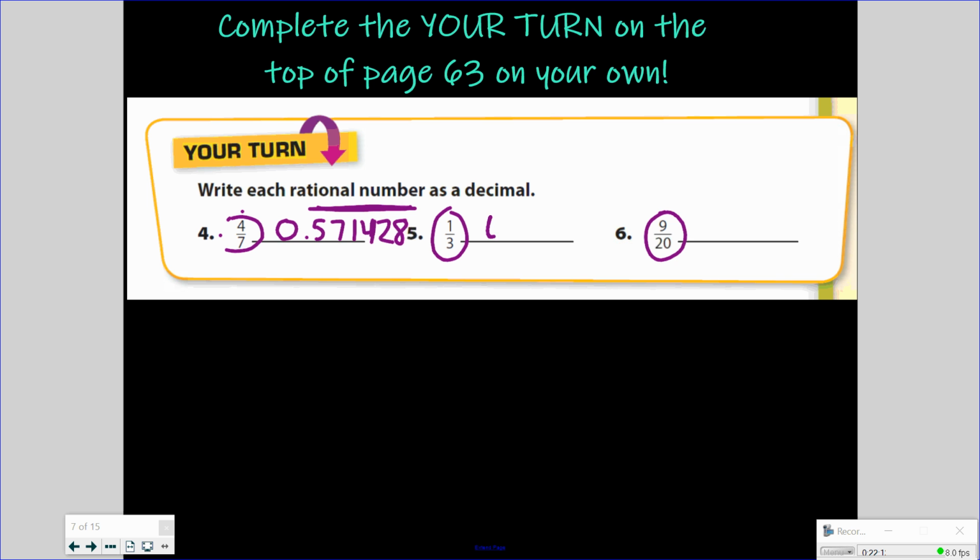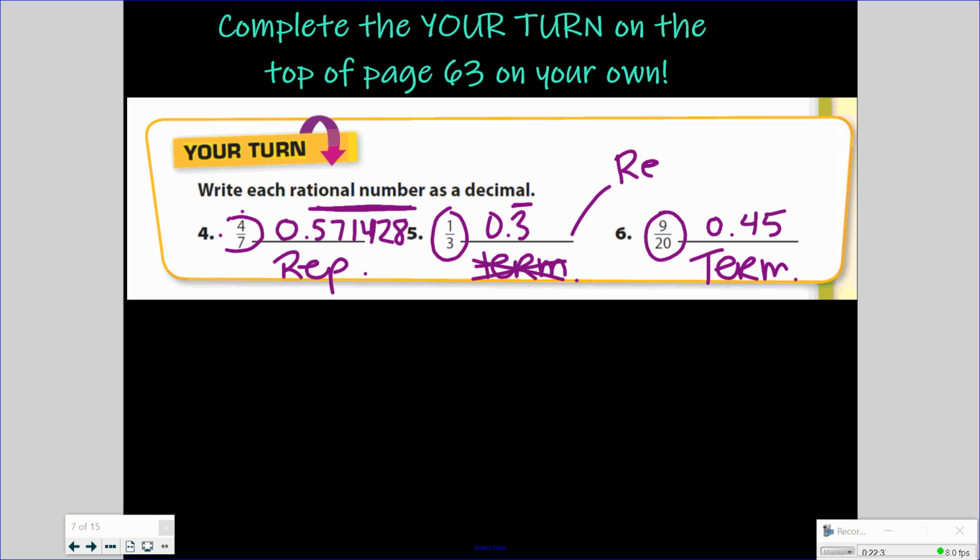You should have that memorized. That's 0.3 repeating. And 9/20 is a terminating decimal, 0.45. So this is repeating, this is terminating, and this is terminating as well. Oops, I lied over here. This is not terminating, this is repeating. Okay.